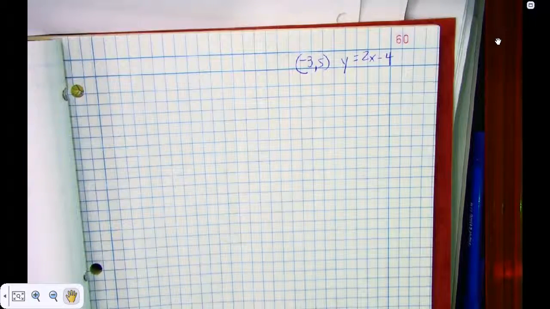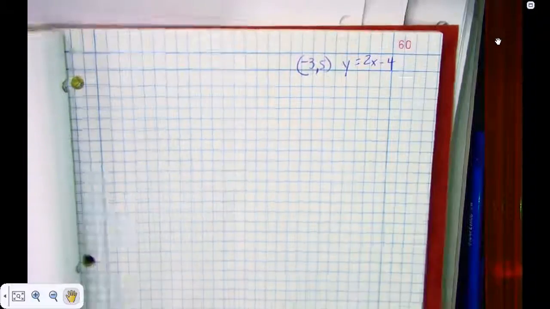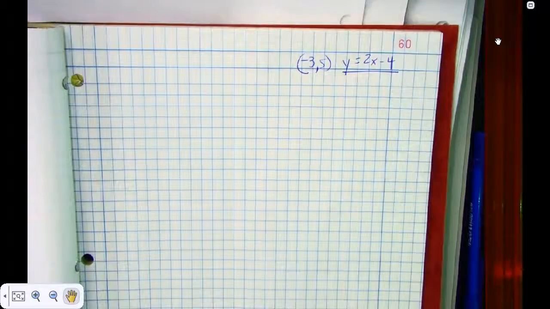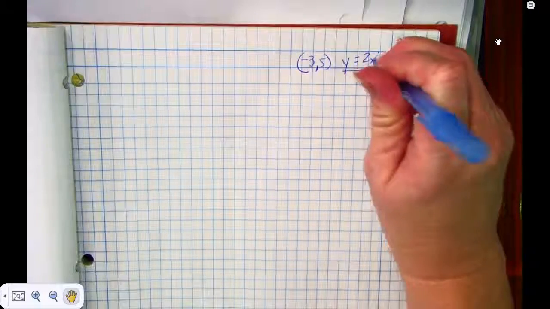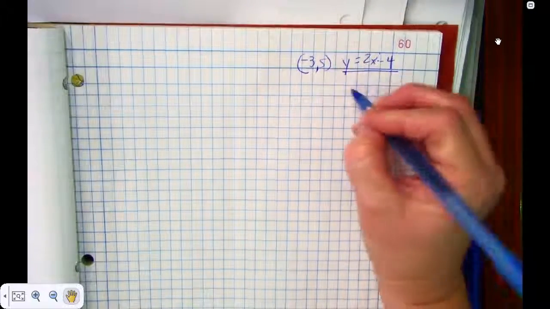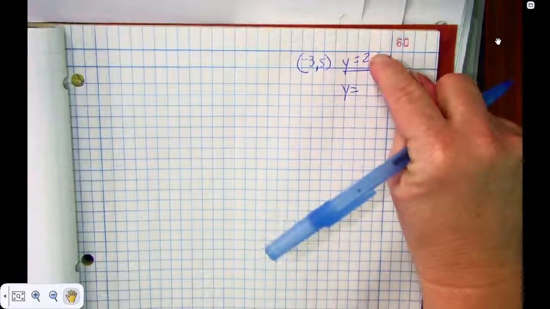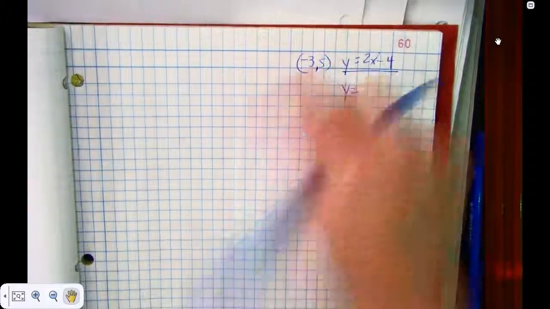If I want an equation of a line that is parallel to this one, but goes through that point, I don't want that one, I already know that one. I want another one that's parallel to that, but it goes through that point. What do you think I'm going to do?